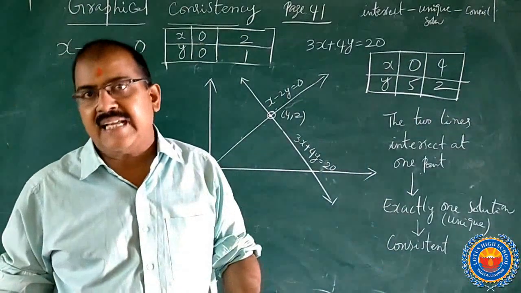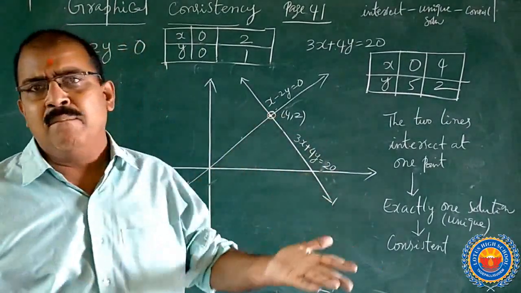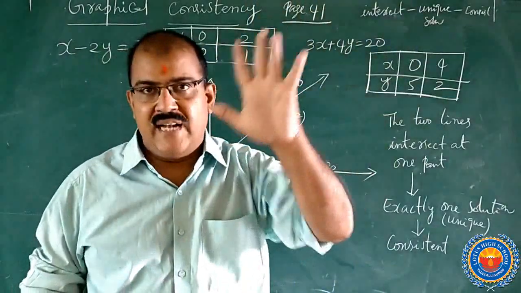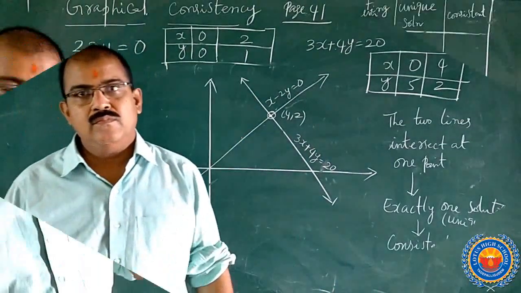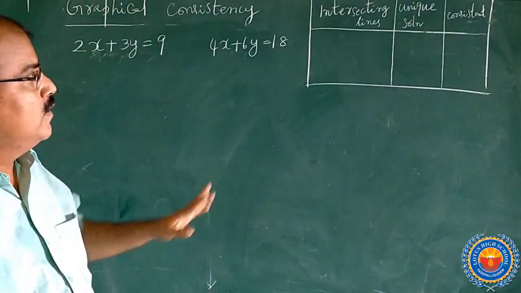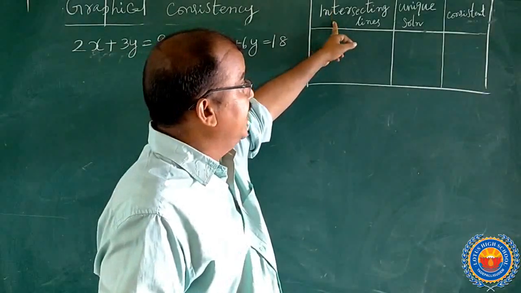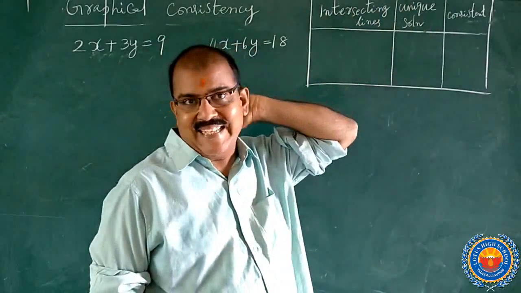Whether it is correct or not, you have to check by drawing the graph. Otherwise, at least you learn by seeing the examples in our NCERT textbook, page number 41 onwards. So the first one is completed. After drawing the graph, we got intersecting lines, unique solution, consistent.